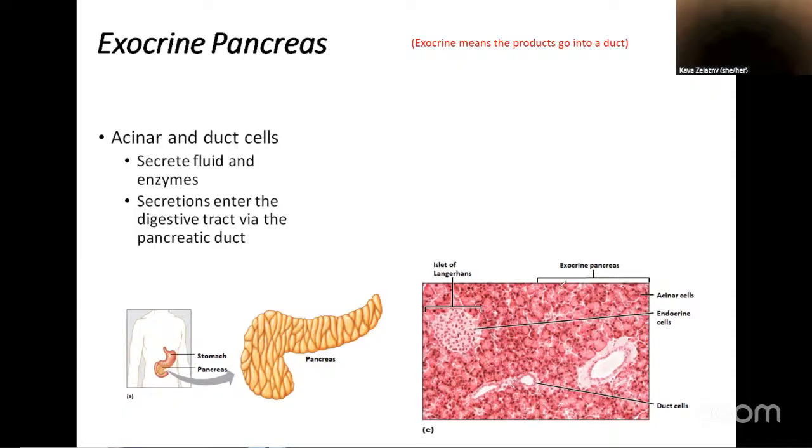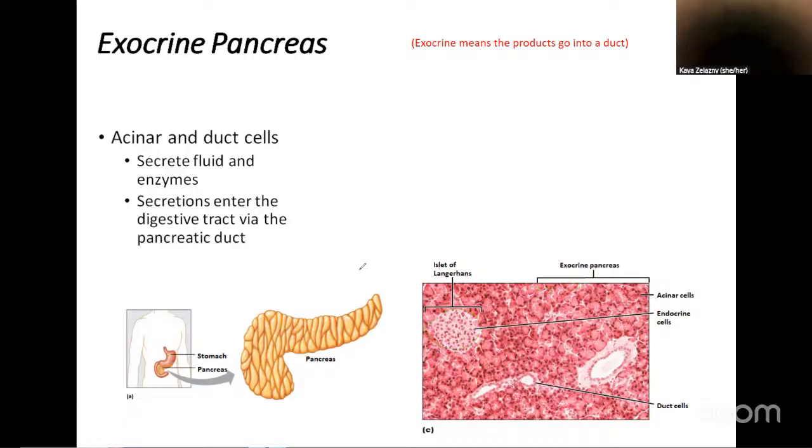Right? So we've got exocrine cells right out here, these kind of darker ones. And then we're going to have endocrine cells, specifically in these lighter patches called islets of Langerhans.